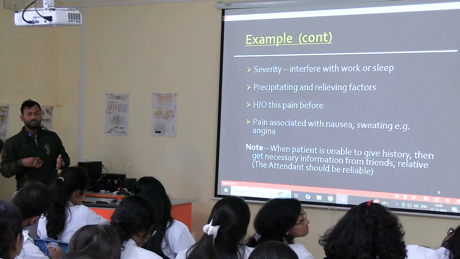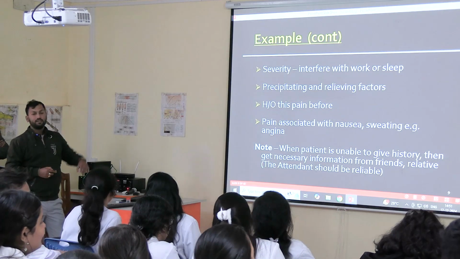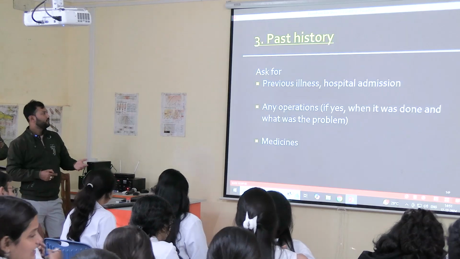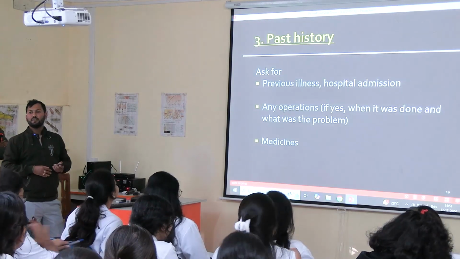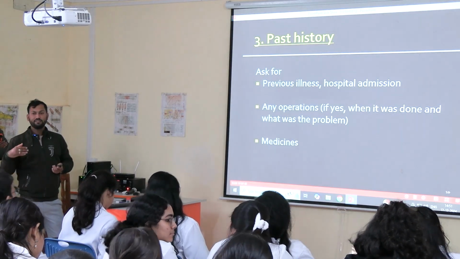So in case of children, we should ask the history from the mother. Then the attendant, after the history should be taken from an attendant, a close one. Then we will ask about the past history. I already told you that we will ask about the past history, if he is having diabetes, if he is having some illness.